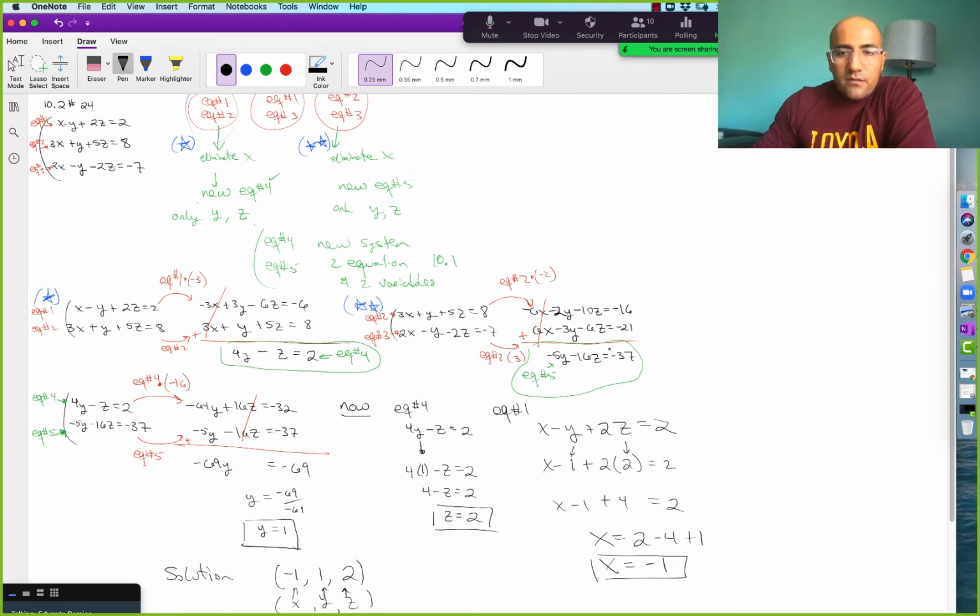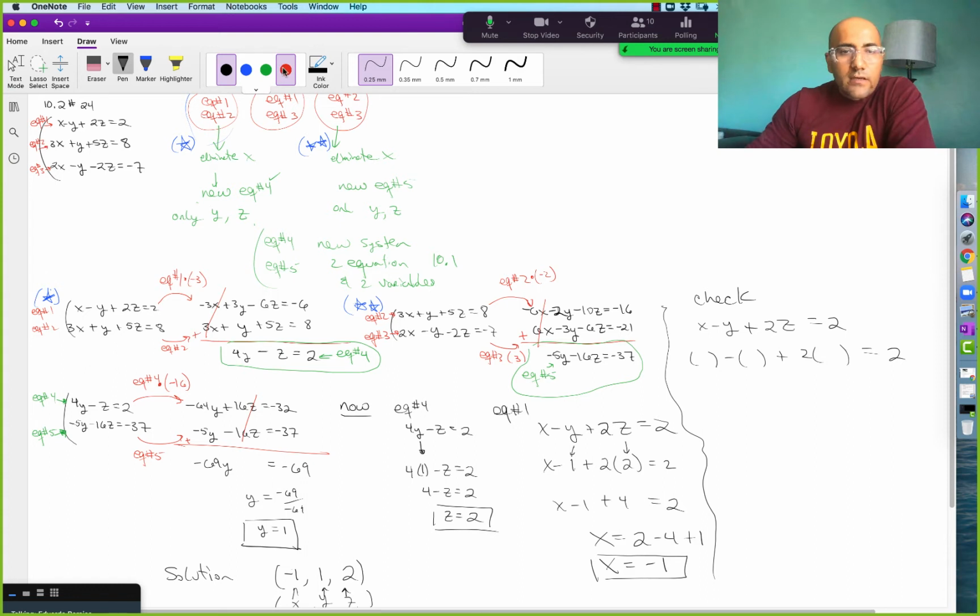You can also check. Let's come over here and check it. Is it true that x minus y plus 2z equals 2? We have blank minus blank plus 2 times blank equals 2. And is it true that if we insert a -1 and a 1 and a 2 times a 2, we get a 2? Right, so that'll be -1 minus 1, that'll be -2 plus 4 gets you to +2, so that works there.